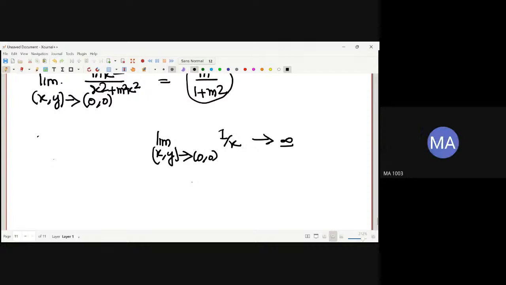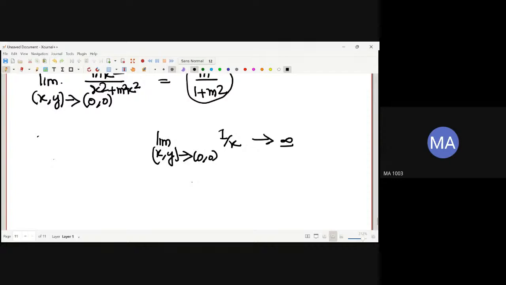But what I was trying to say is, suppose you take y equal to mx, and by applying the limit, for all y equal to mx, you are getting 0. From there you actually can't conclude anything.